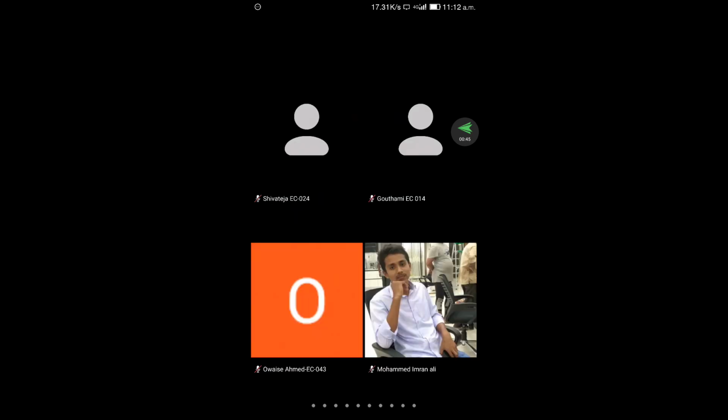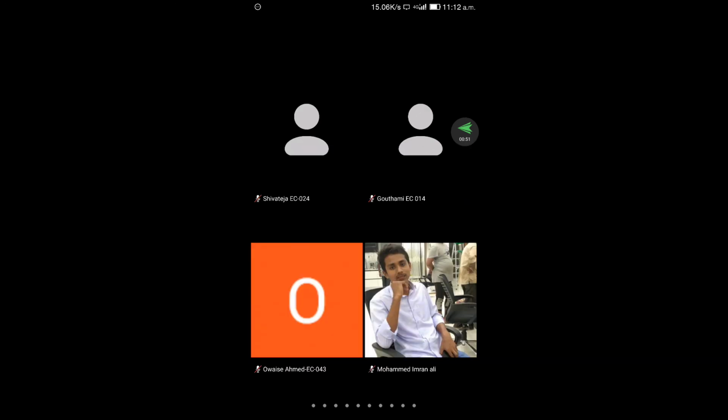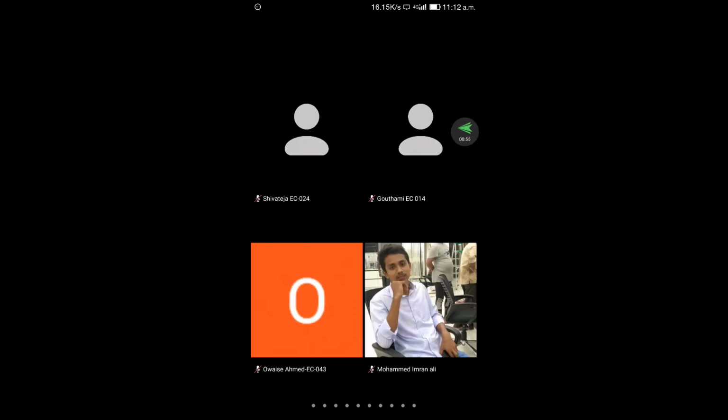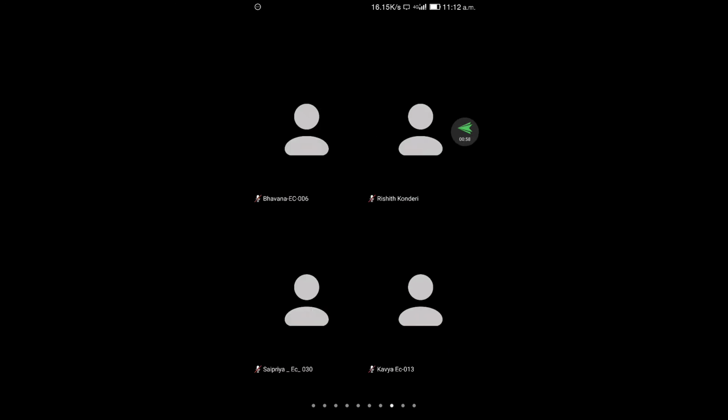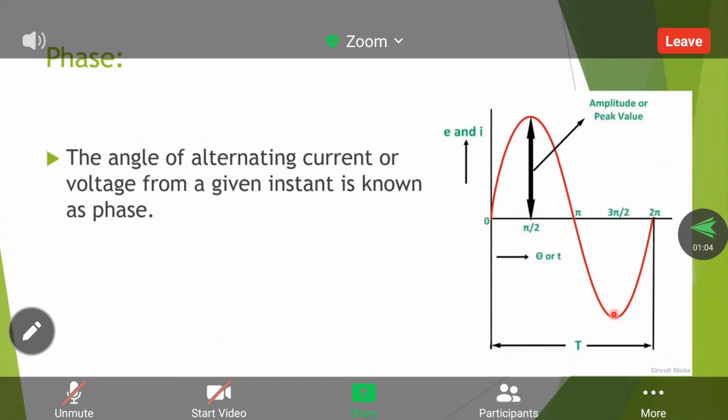You can observe the waveform: it starts from 0, gradually increases and reaches 90 degrees, then decreases to 180 degrees, then negatively increases to 270 degrees, and finally reaches 360 degrees or 0 degrees, where it ends.